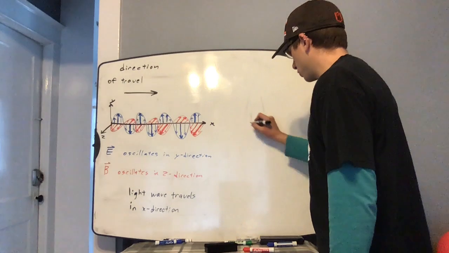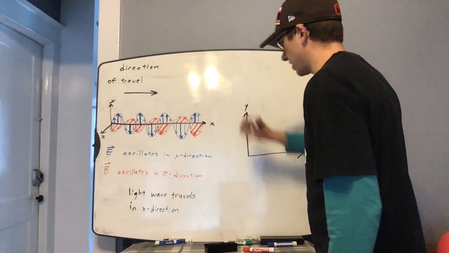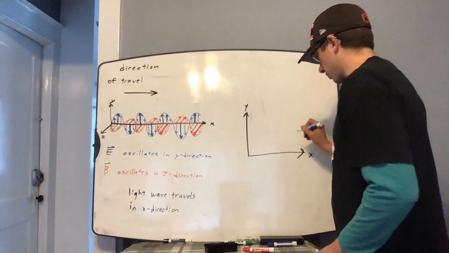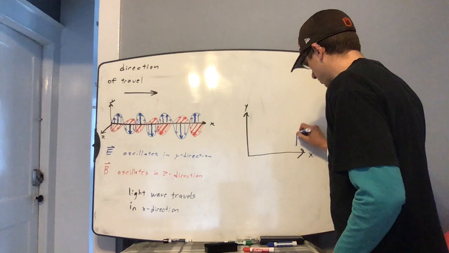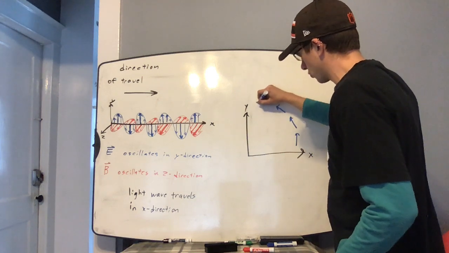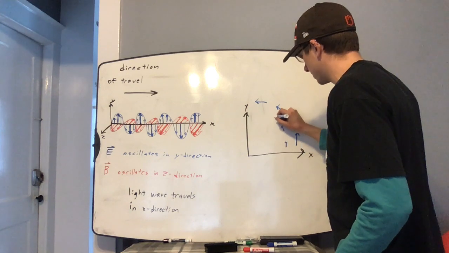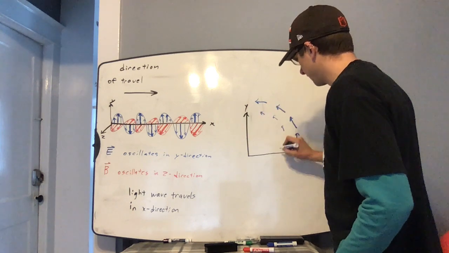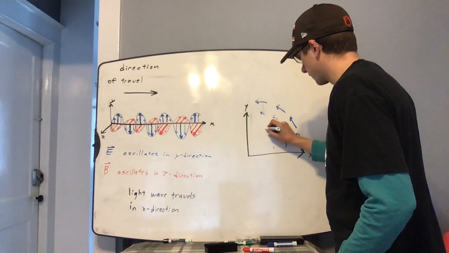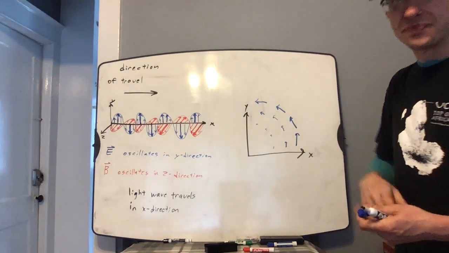So I could draw an X and Y axis to represent position, and then I will draw my electric field. Let's draw the electric field something like this. We have something that's curling up and to the left, and maybe the electric field is going to do something like that, and then there. So here's an electric field I drew.